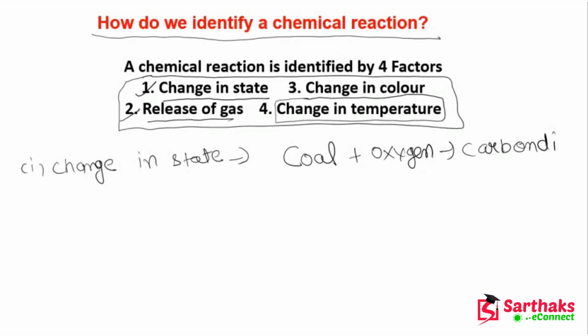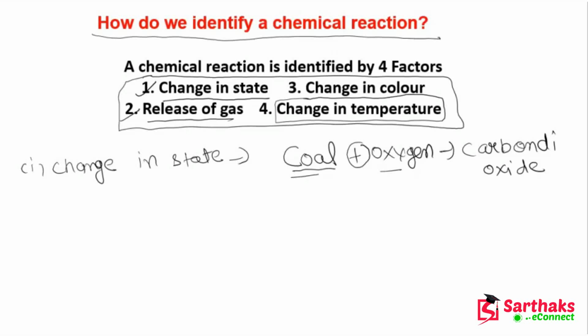Now you might think, what is this arrow and what is this plus sign? So you need to have some patience, because later I will tell you. But here you just need to understand that coal is reacting with oxygen and then giving us carbon dioxide.